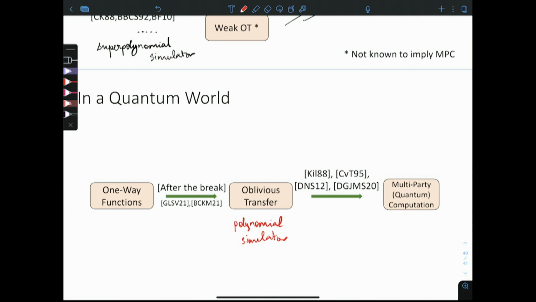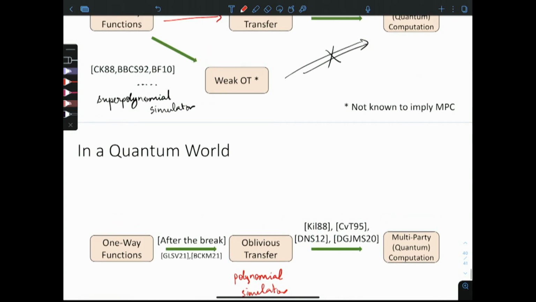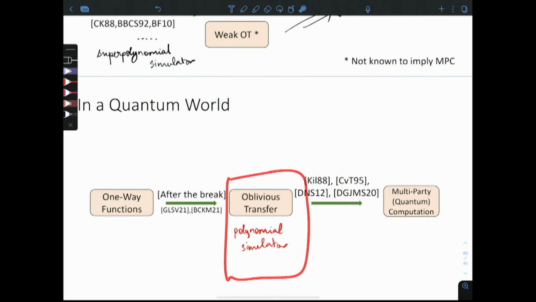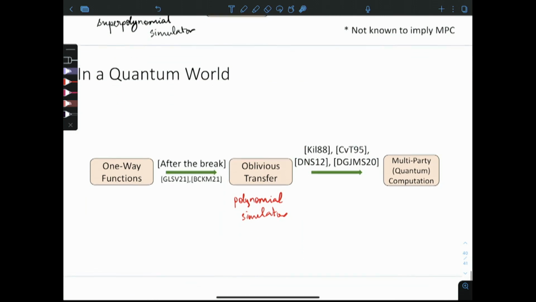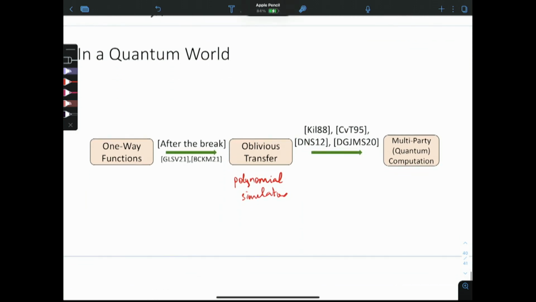And this is from 2 recent works that, of course, build a lot on all these templates from the literature. So we're going to talk about some of these older templates and then how to make some small changes to them to get oblivious transfer with polynomial time simulation, which implies multi-party computation with polynomial time simulation.